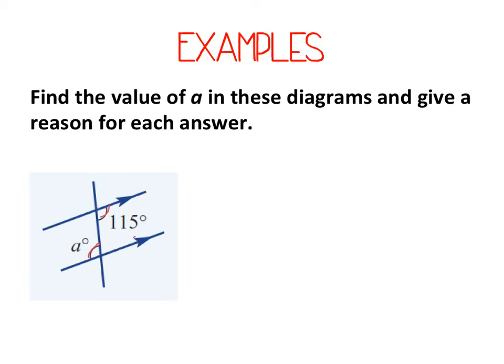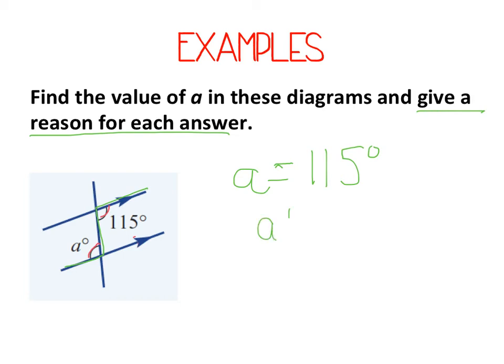Not an F, not a C. Oh, hold on. They form a Z. Okay, so Z is alternate, and I know alternate angles are equal. So A must equal the same as the other alternate angle, which is 115. So A must be 115, and I'm giving a reason for my answer.